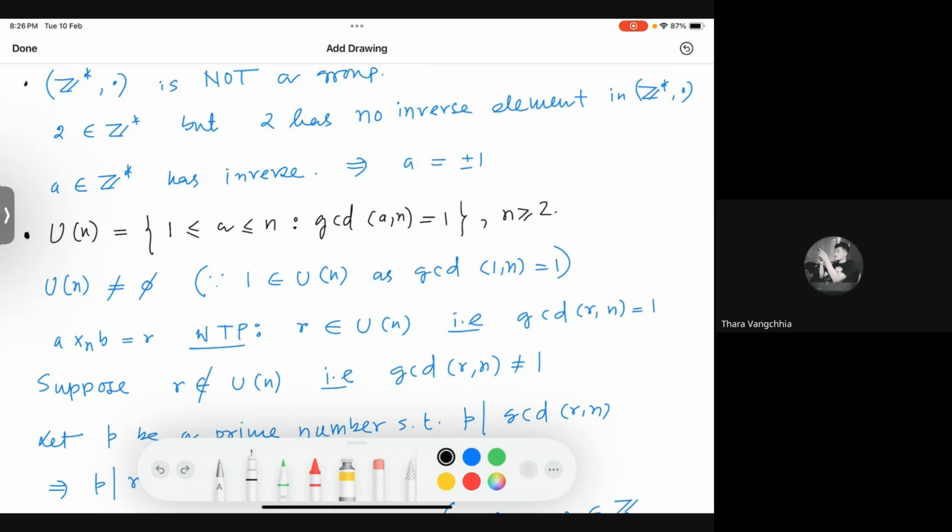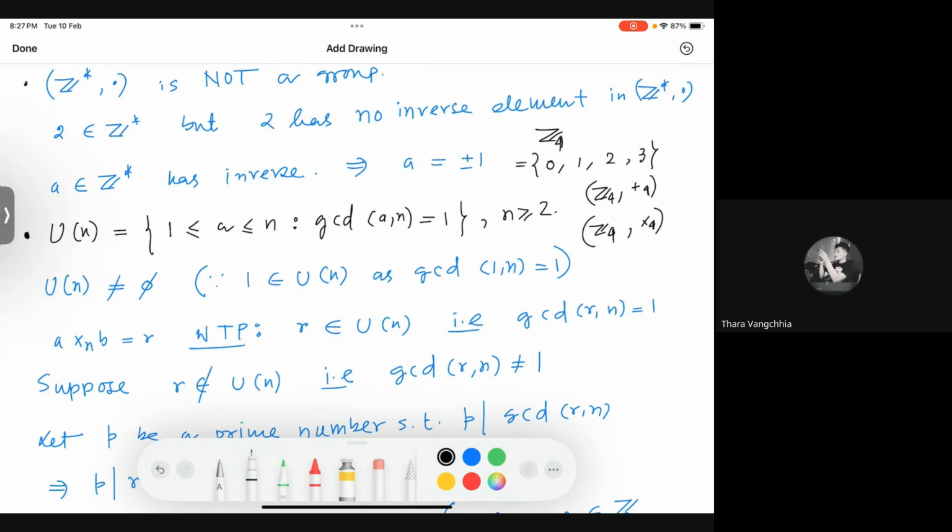See, in Z4, what is Z4? 0, 1, 2, 3. Now I know Z4 with respect to addition modulo 4 is an abelian group. But with respect to multiplication, is it a group or not?